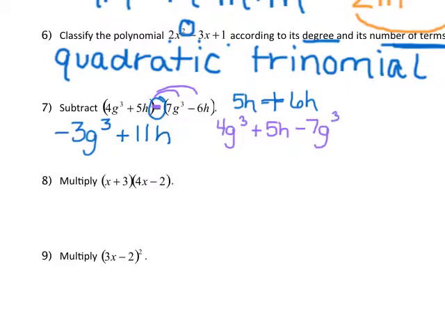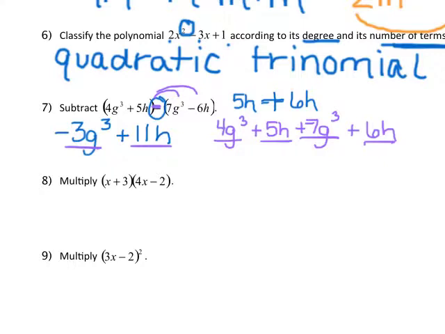And when I distribute that negative to a negative 6h, it'll become a positive 6h. And then from there, most of the time you guys seem most comfortable with changing this to plus a negative. Anytime you have a minus, it's plus a negative. And then we would just combine like terms. 4 and negative 7 give you that 3, and 5 and 6 give you that 11. So whether you want to write it out like this or whether you just want to make sure that you're doing subtraction and not addition, you can go either way.